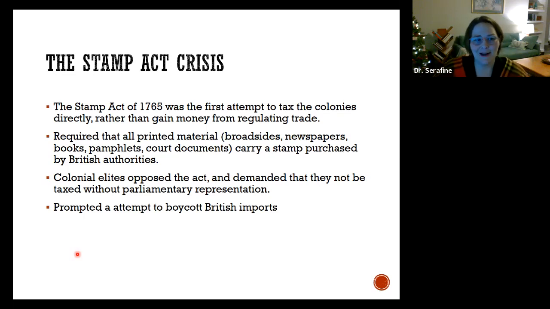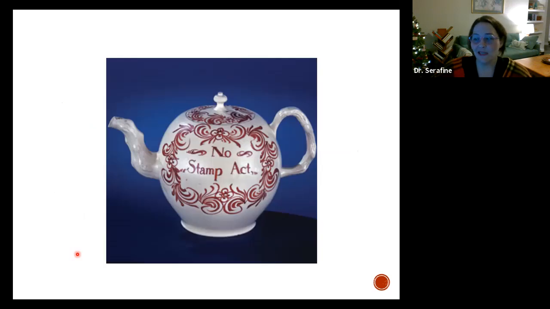Colonial elites are going to say that's not good enough for us. And this prompts an attempt to boycott British imports. If Britain is trying to raise money off of trade with the colonies, they'll say, well, maybe we will just stop buying stuff. And here we see one of my favorite pieces of material history, primary source, this little No Stamp Act pot.